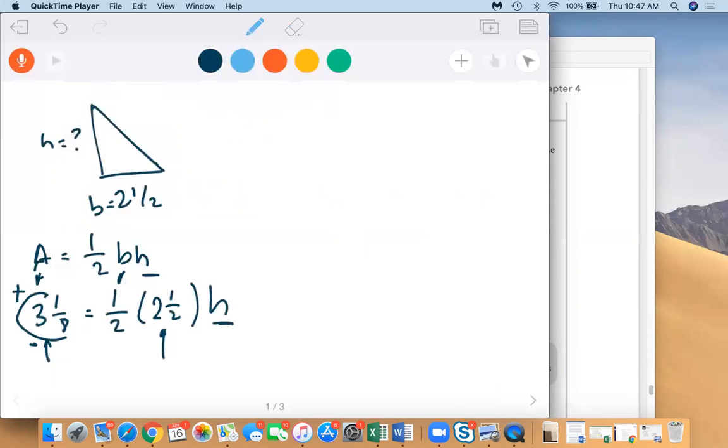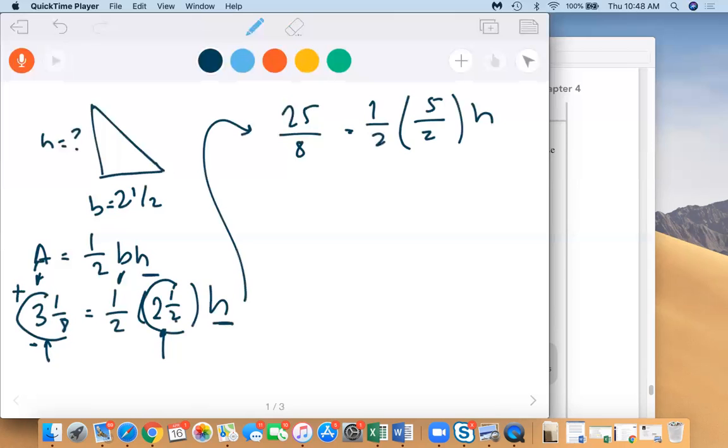So we have 8 times 3 is 24 plus 1 gives us 25/8 equals 1/2 times, for the base, 2 times 2 is 4 plus 1 is 5, times the height. Okay, so now we need to multiply these two. So we're going to get 25/8 equals, and we multiply across, right?